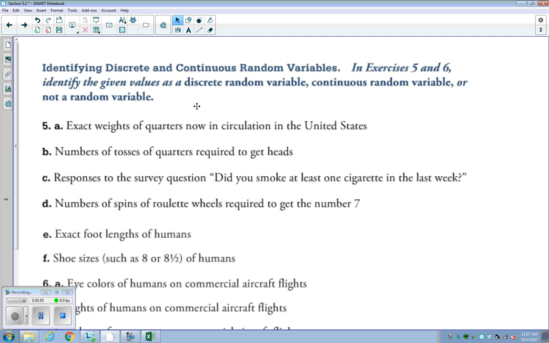Am I measuring anything that's discrete? What's the answer to that question? Yes or no? Am I measuring anything numerical? No. So it's not discrete. It's not a random variable at all.